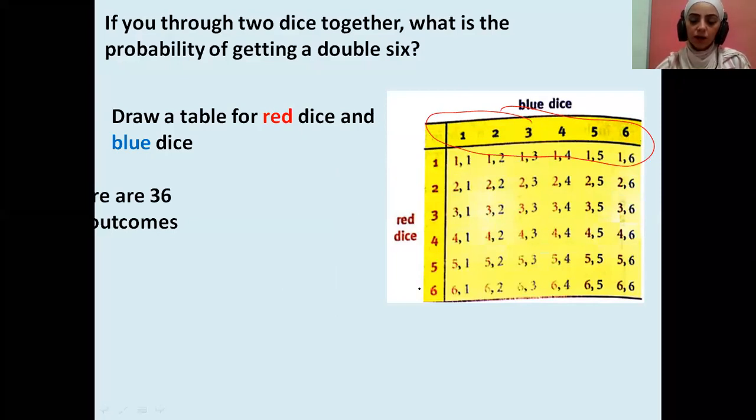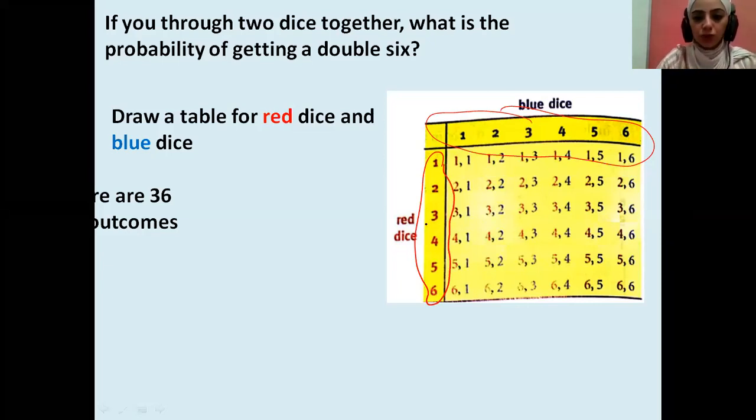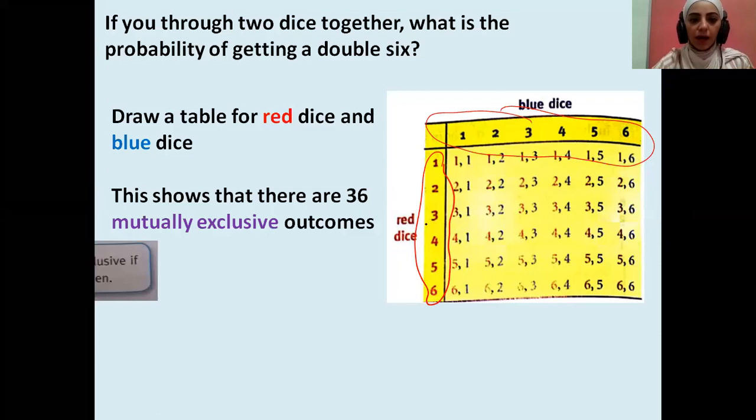And the other column here, the red dice color, numbers of the red dice. So here are the possible outcomes of the other dice. It doesn't matter where to put the red or the blue. We are just organizing the dice. You put one above, the other one to the left side. And then you start to look at the outcomes.